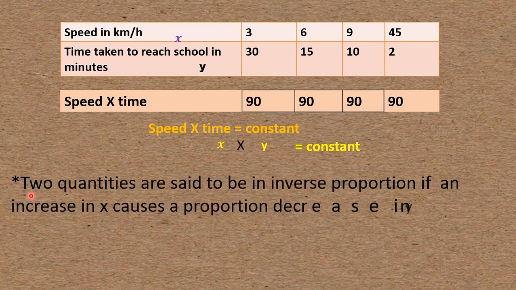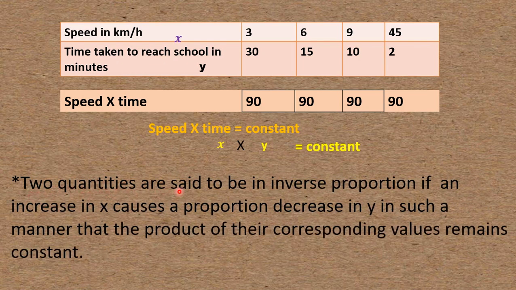So two quantities are said to be in inverse proportion if an increase in x causes a proportional decrease in y in such a manner that the product of their corresponding values remains constant. When the first quantity increases, the second quantity accordingly decreases.